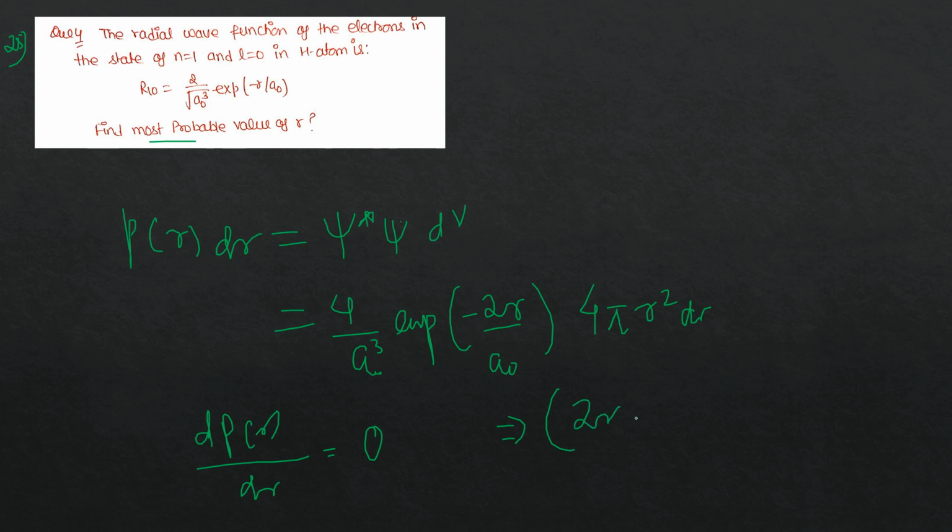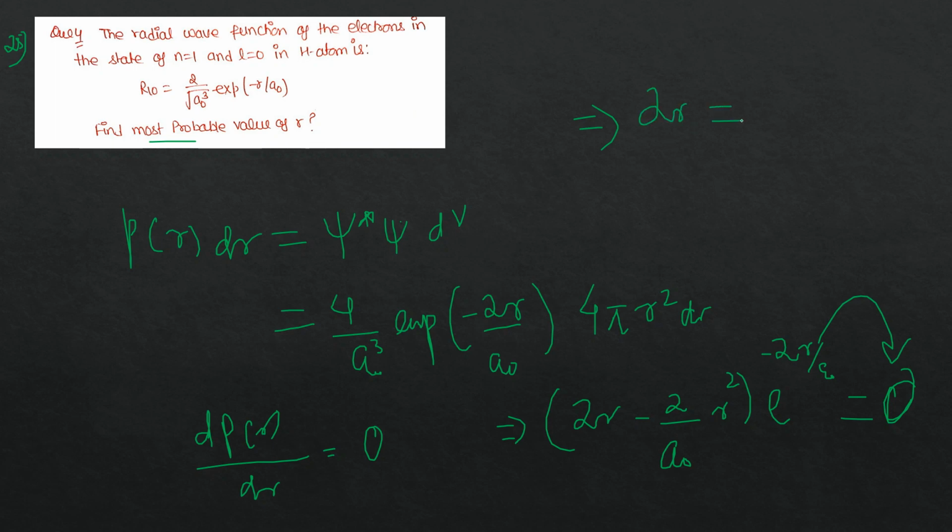It will be 2r minus 2 by a naught r square, times e to the power minus 2r by a naught, equal to 0. The exponential part also goes to the other side, so what is left is 2r equal to 2 by a naught r square.